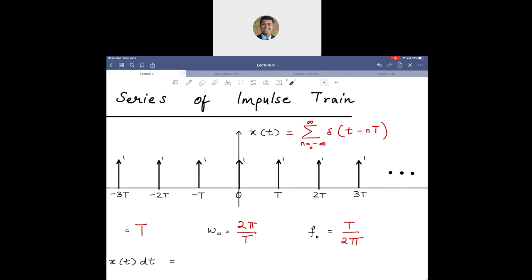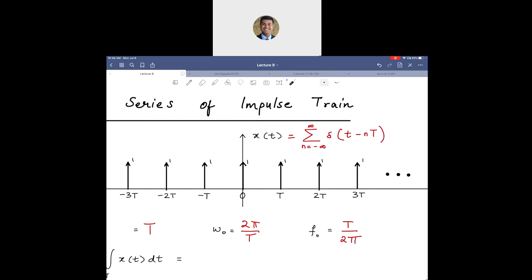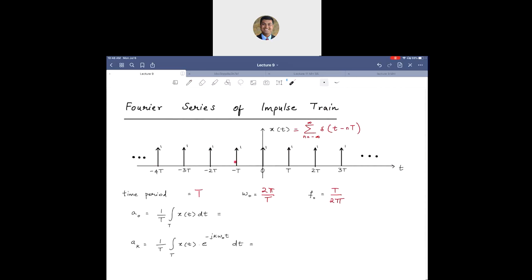As n scans from negative infinity to infinity, you get an impulse here, here, here. When n is 0, you get the one in the middle. And as n goes higher, you get T, 2T, 3T, and so on. So I can write x of t, the impulse train, as a summation of impulses present at 0, plus and minus T, plus and minus 2T, plus and minus 3T, and so on.